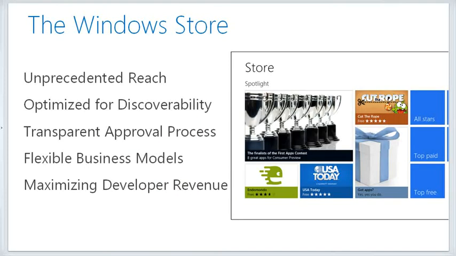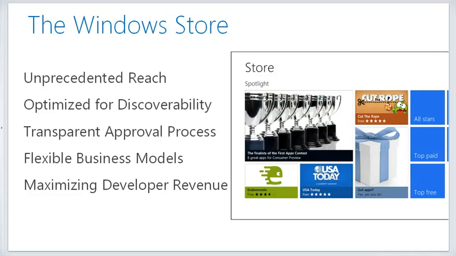That's just Windows 7 that we've sold. Windows is available in over 100 different languages in, I think, 231 different markets. There's just a huge market potential if you have an application that you want to get out there.